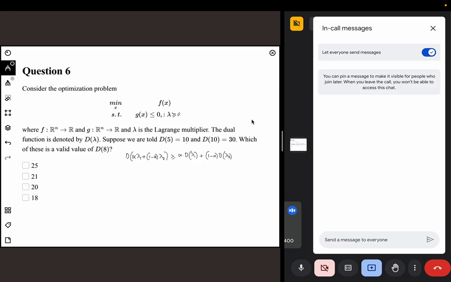The lambda 1, lambda 2 that are given here: lambda 1 is given as 5, lambda 2 is given as 10. So this is my lambda 1, this is my lambda 2. And now I have to find the alpha somehow. We have alpha times lambda 1 plus 1 minus alpha times lambda 2 equal to 8, so substitute the values.